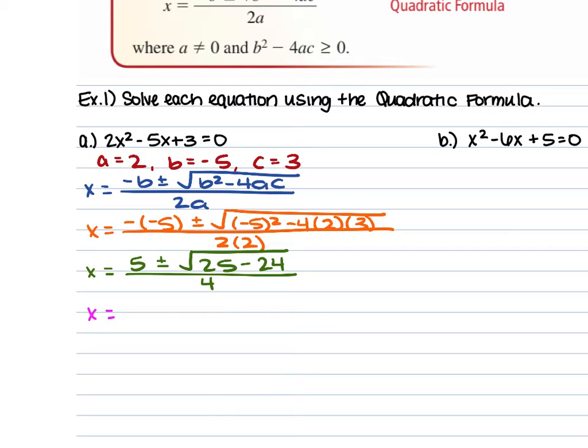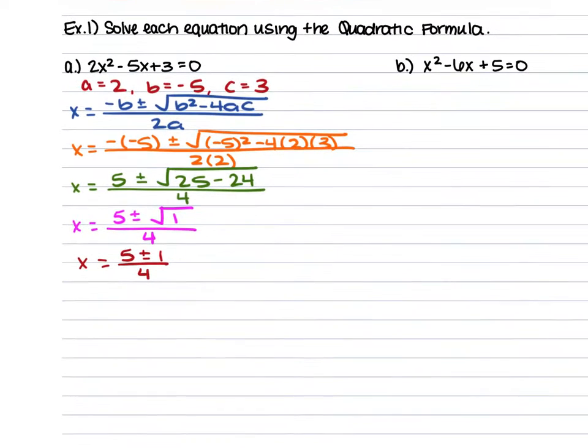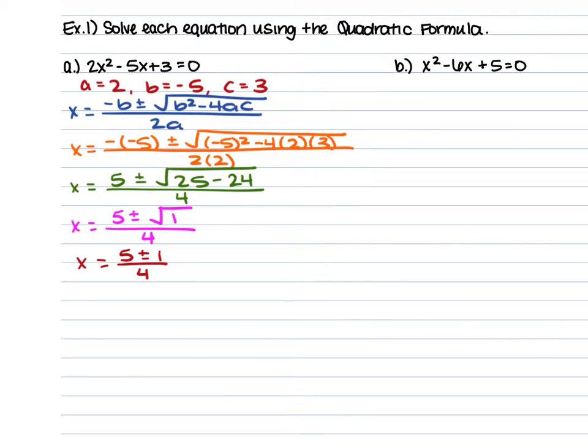From here, we're going to simplify underneath the radical. So this is going to give us x is equal to 5 plus or minus the square root of 1 all over 4. The square root of 1 is 1, so that gives us x is equal to 5 plus or minus 1 over 4. From here, you'll realize that we have to separate this into two parts. One that is x is equal to 5 minus 1 over 4, and one that's x is equal to 5 plus 1 over 4, and simplify.